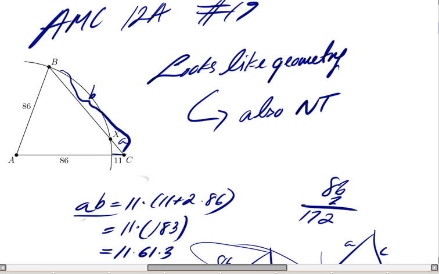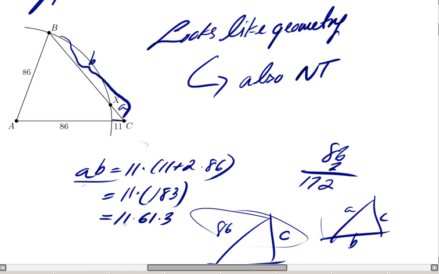Now, since A and B are integers, they're just some combination of prime numbers that gets us to here. And just a bit of trial and error gives you A equals 33 and B equals 61. And as you can see, this does satisfy the triangle inequality, because just trying every pair would work.